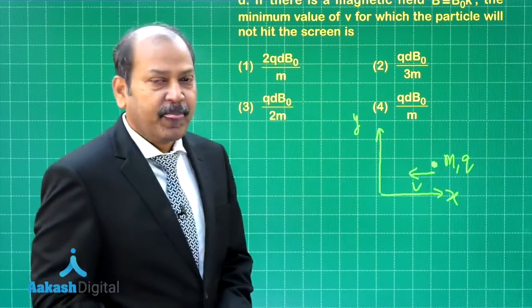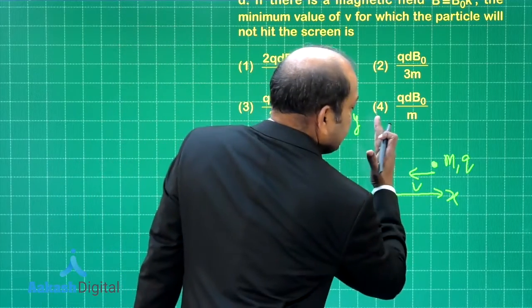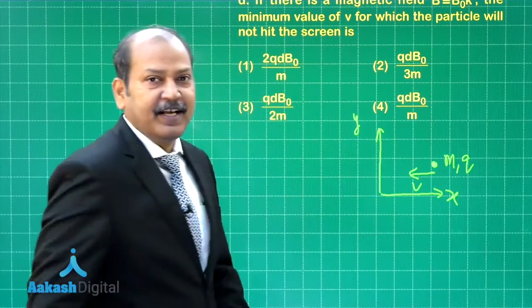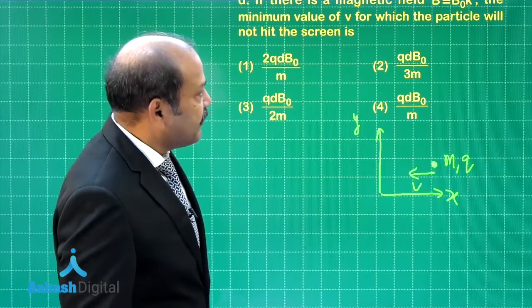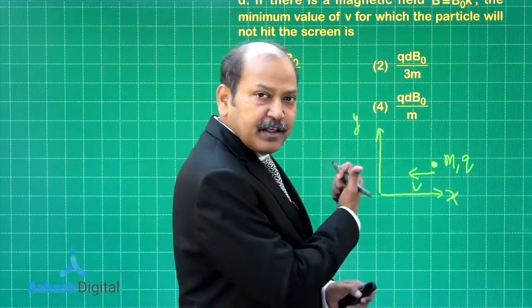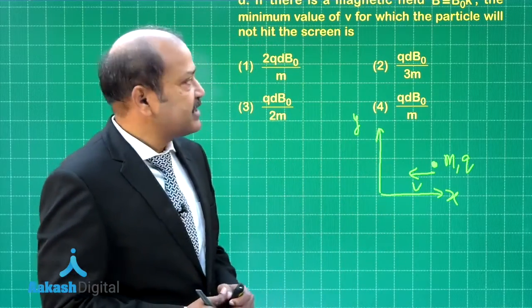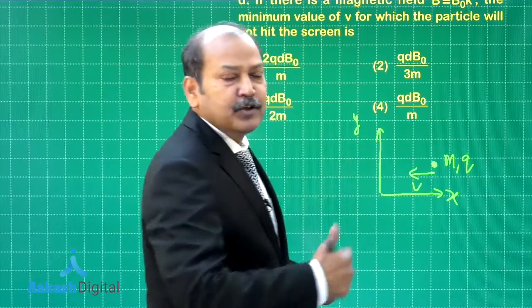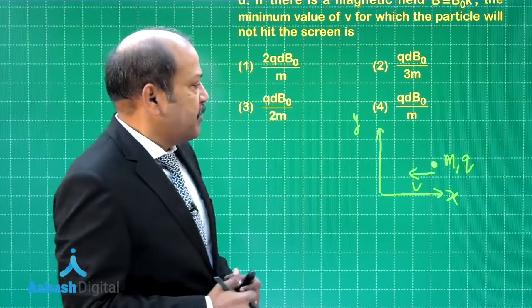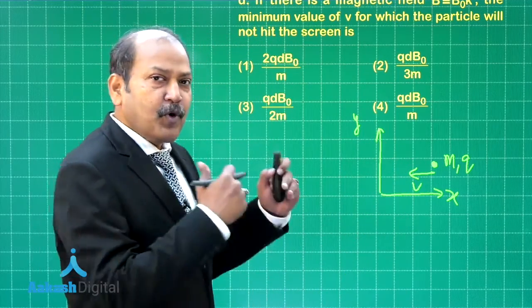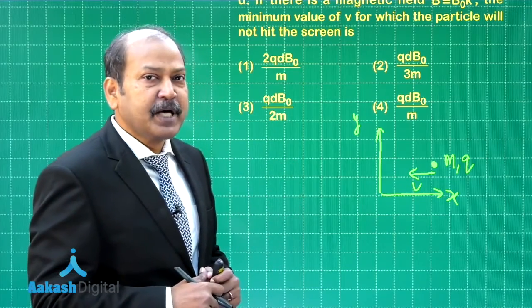The screen is placed in the yz plane, that means screen is placed like this, and the direction of the magnetic field is along the z axis, that means it is pointing towards the positive z direction, B naught k cap. So, what is the direction of the magnetic force on the particle?